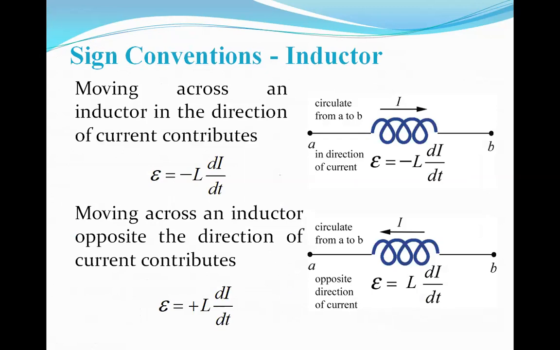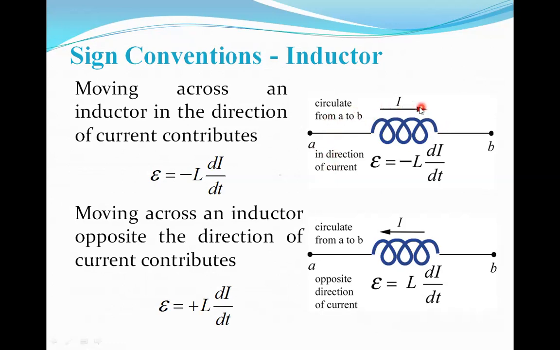How are the sign conventions taken for the inductor? Moving across an inductor in the direction of current contributes E is equal to minus L di by dt. Now if you see this from point A to B, we circulate from A to B in the direction of current.